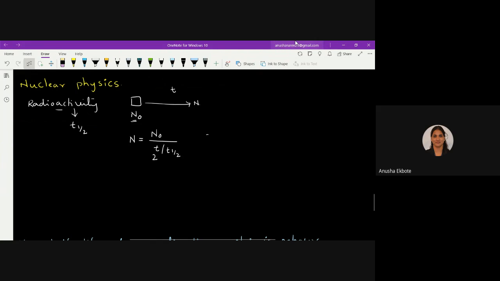Or the same equation can also be written for its activity, where A is the activity after a certain interval of time and A naught is the initial activity, and 2 raised to the time taken to reach this activity A divided by T half. This same equation can be asked both in terms of the number of atoms and the activity, right?